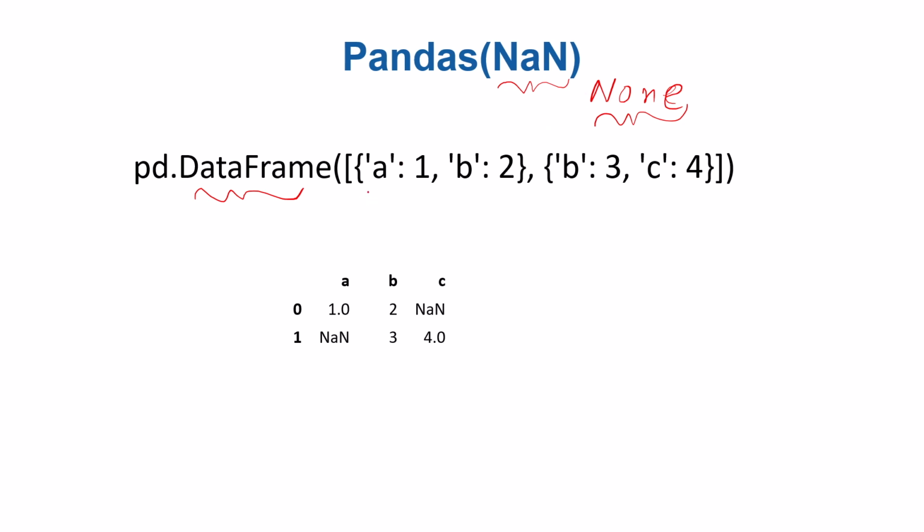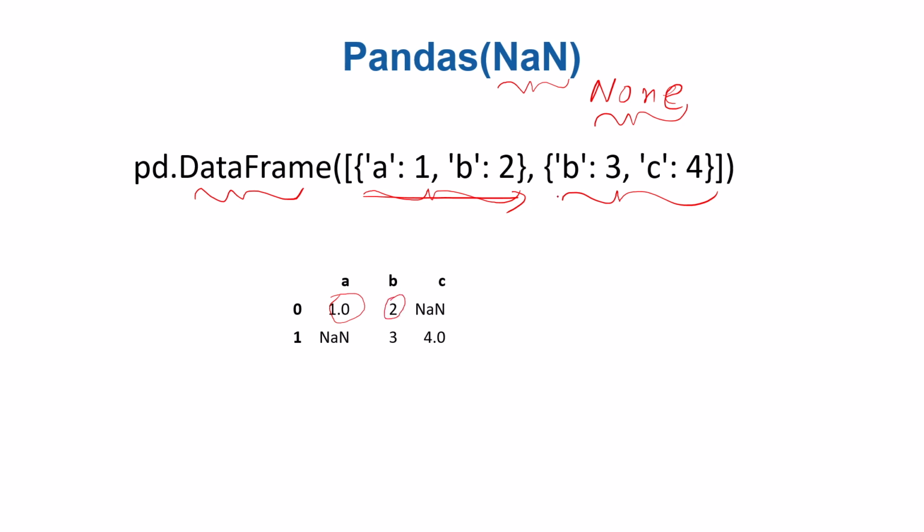Let's say we have two dictionaries. One dictionary has key A with value 1, then B with value 2. The other dictionary has B and C. So that is one record with columns A and B. On the first record, the value of A is 1 and the value of B is 2.